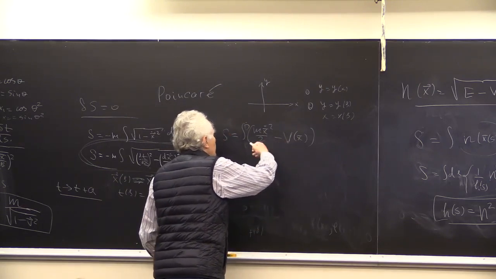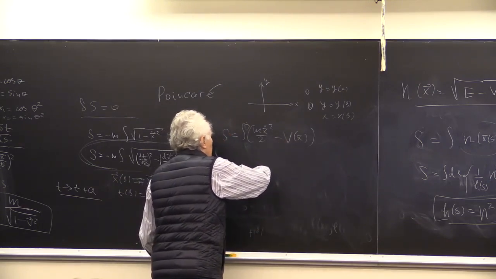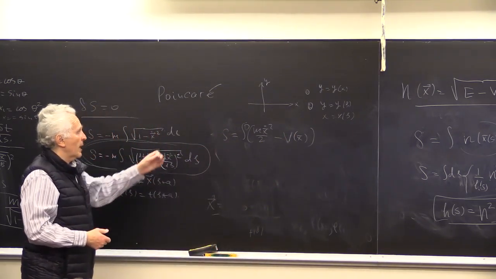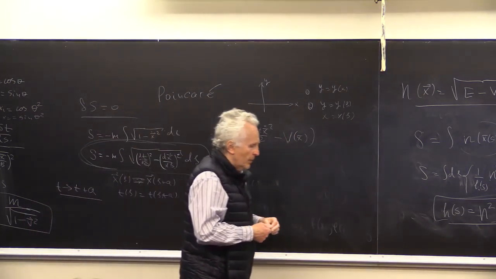But it describes what are called classical trajectories. A classical trajectory is a solution of the Newton equations of motion.